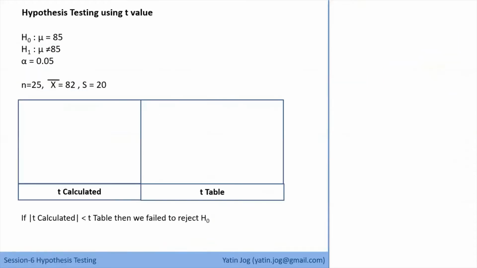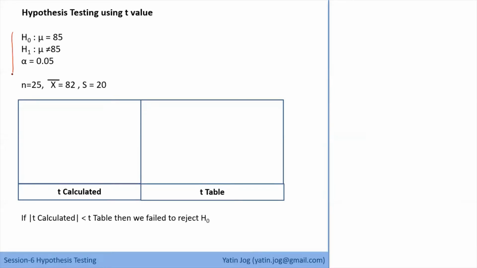Okay, now we'll solve one problem using t statistics, or t value, or t table. I'm considering the same problem. My H0 is mu equal to 85, H1 becomes mu is not equal to 85, default confidence level of 95%, n is suppose 25, I have 25 observations, x bar is given, s is given, the standard deviation is given.